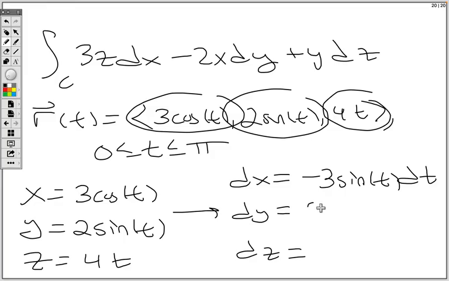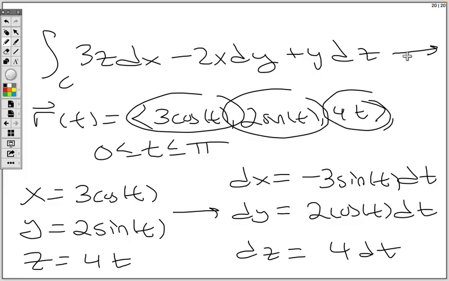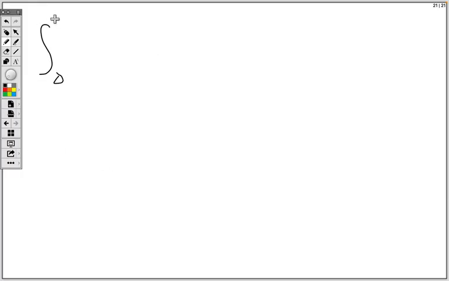Derivative of y with respect to t, that's your 2 cosine of t, slap on the dt, and then finally that would be 4 dt. So we're going to put this as an integral of t. The curve is traced out as t runs from 0 to pi, so that's going to be our integral from 0 to pi.